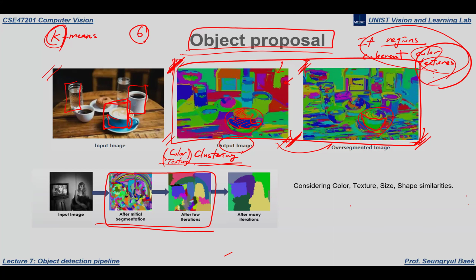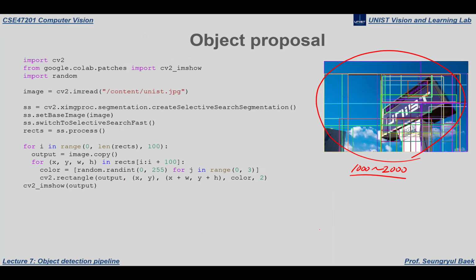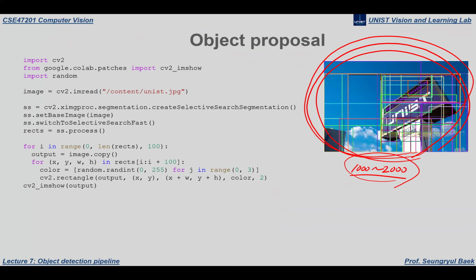Their assumption is if regions have similar colors and textures and their size is larger than some threshold, there is high probability that an object occurs in that region. So that is their assumption. And indeed, this is the selective search algorithm's result, which is implemented in OpenCV.